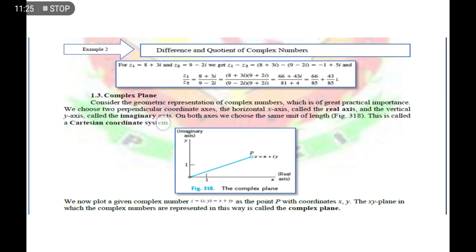Okay, so for example, this figure 3.19, meron tayong complex number which is 4 minus 3i that is represented by this point. Kung makikita natin dito, this figure represents the complex number 4 minus 3i.